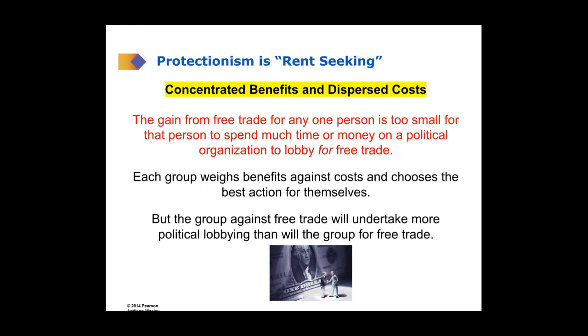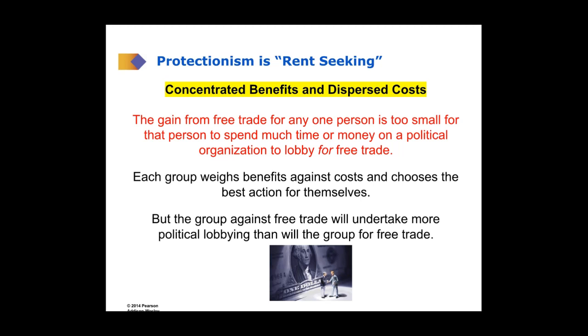When you add it up, it's a lot, but individually, it's a little. Now, the producers and manufacturers, it's different. There are fewer in number. Their benefits are more concentrated. So it is in their interest to spend time and money and political capital in order to try to get these trade restrictions in place.